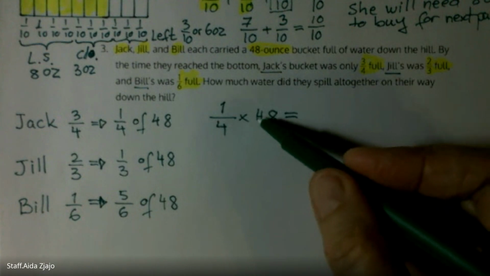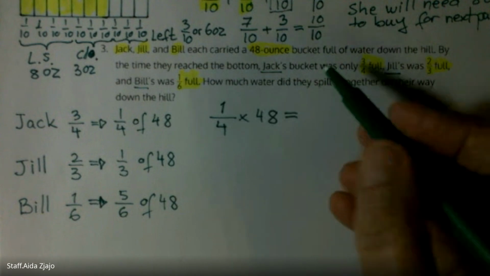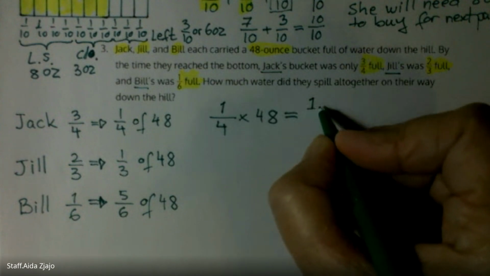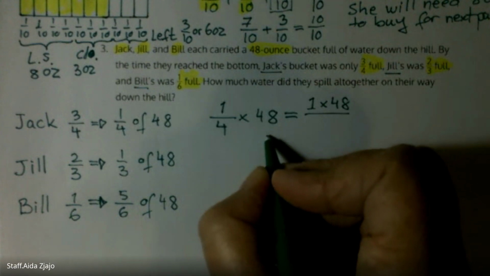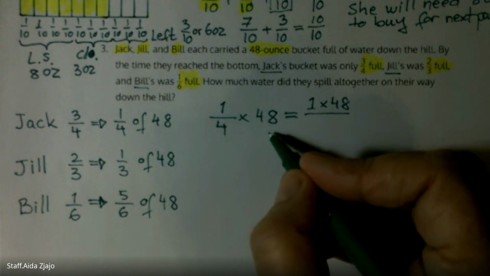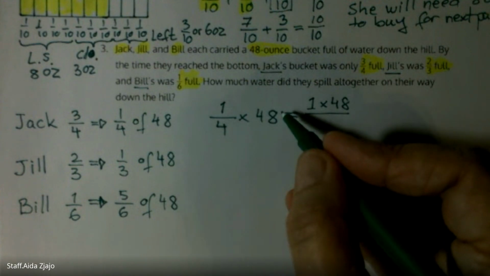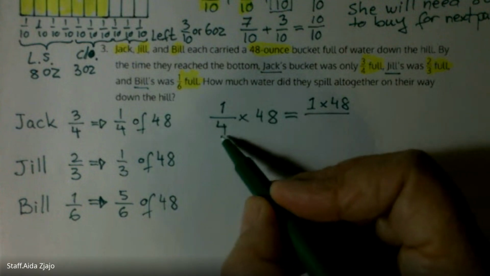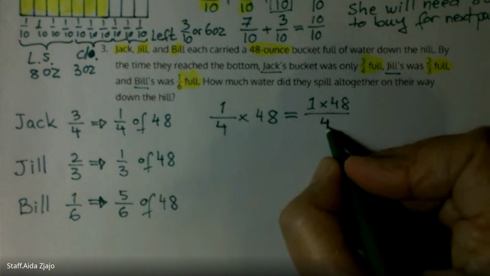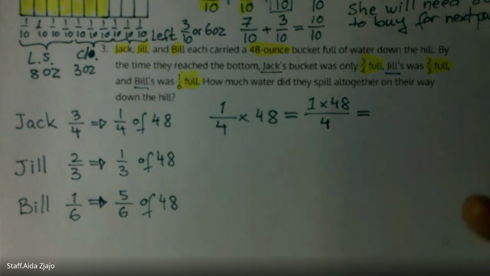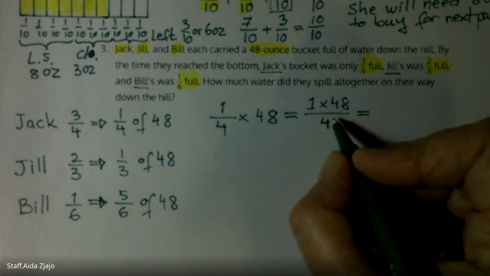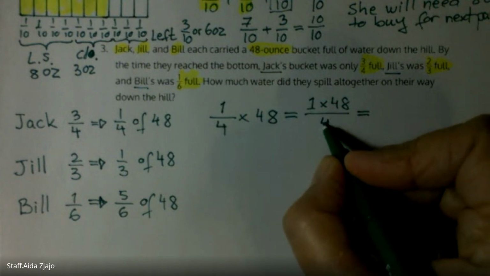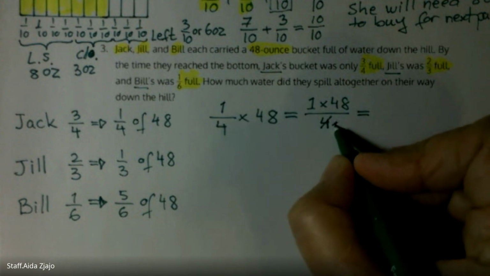So we have 1 times 48, and imagine this one is a fraction, divide by 1, you get the same number. So that would be 4 times 1 is 4. And then we can simplify 4 and 48 if we divide by 4 each. 4 divided by 4 is 1.